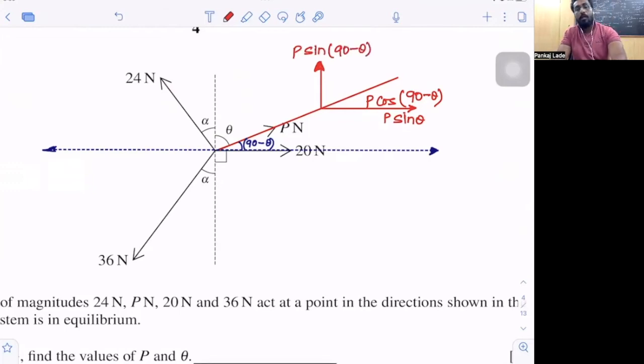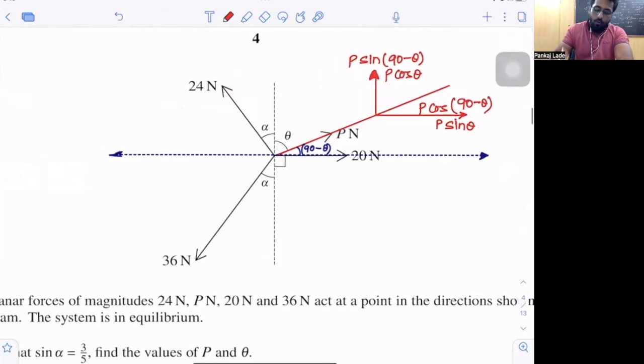So always remember, I always take the angle made by the forces with the horizontal line. The horizontal component is the cos component and the vertical component is the sine component. So that's P sine of 90 minus theta. But we are all aware that sine of 90 minus theta is cos theta. So I have got the two components of the P Newton force.